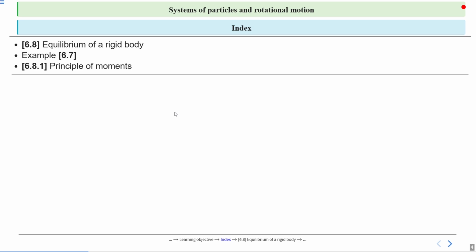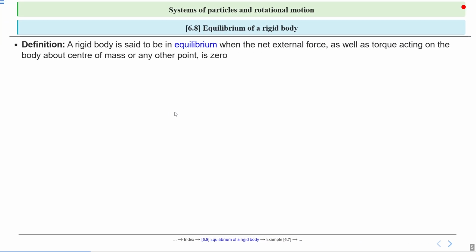So in today's lecture, we will first cover 6.8 equilibrium of a rigid body, then example 6.7, and 6.8.1 principle of moments. Now our topic is equilibrium of a rigid body.